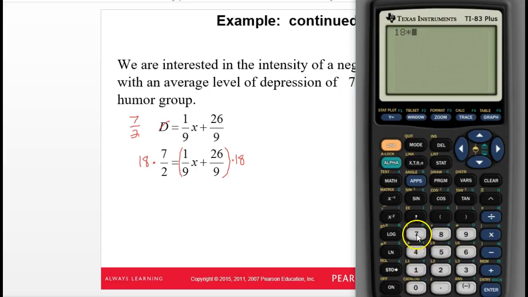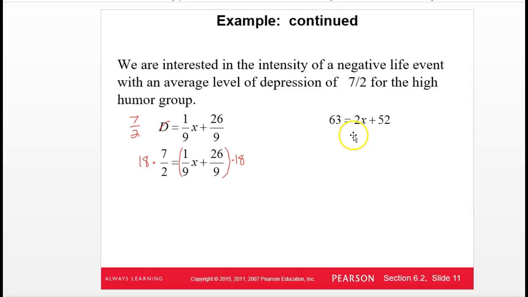So 18 times 7/2 is 63, and then on the right-hand side, 18 times 1/9, you can just type it in directly like that, and 18 times 26/9. Right. So that's going to be my new equation. 63 on the left, instead of 1/9 x, I'm going to have 2x, and then instead of 26/9, I'm going to replace that with a 52.